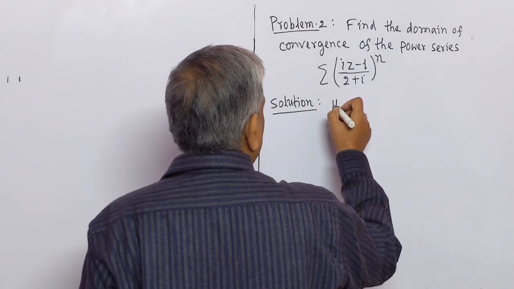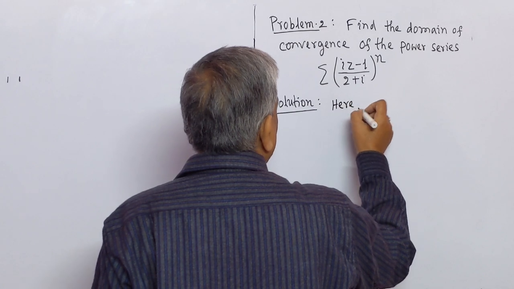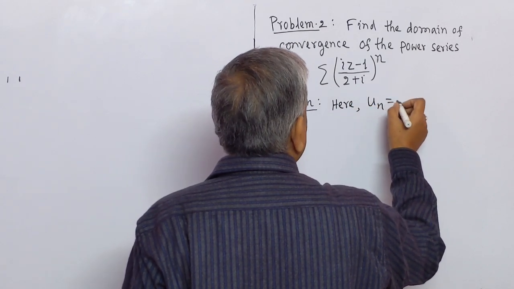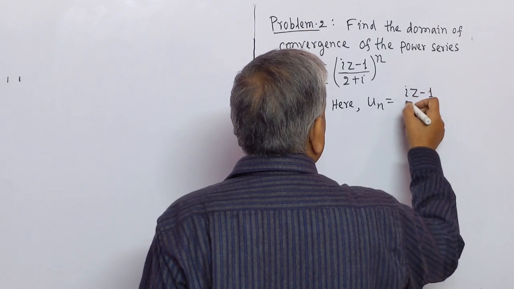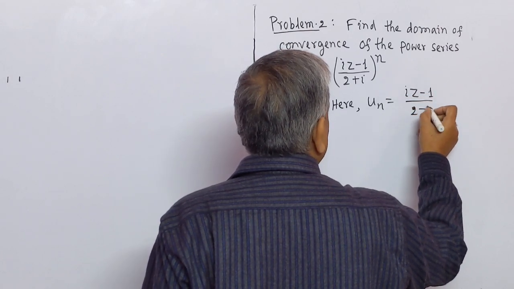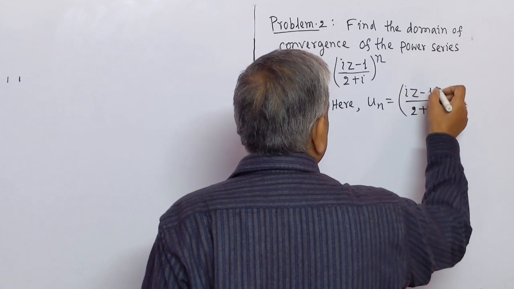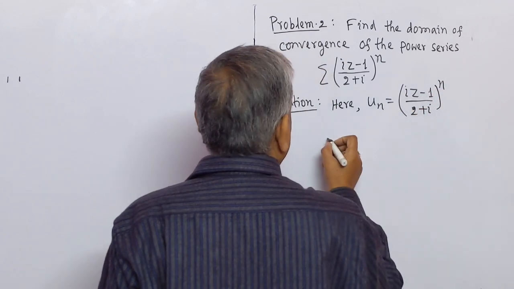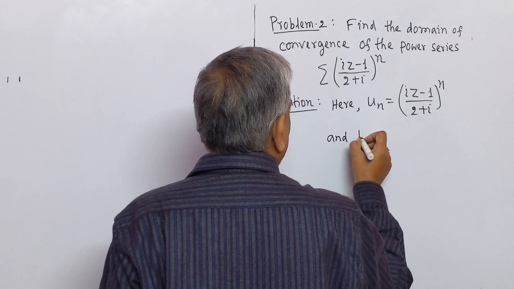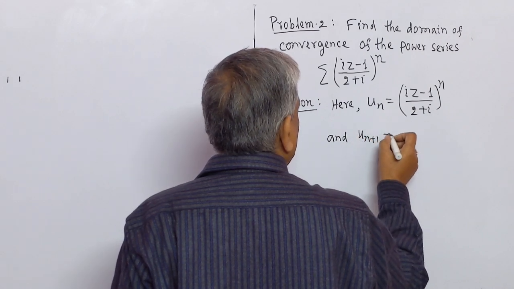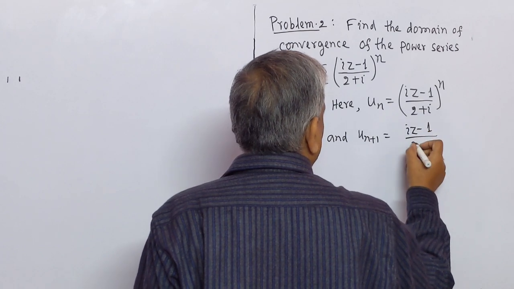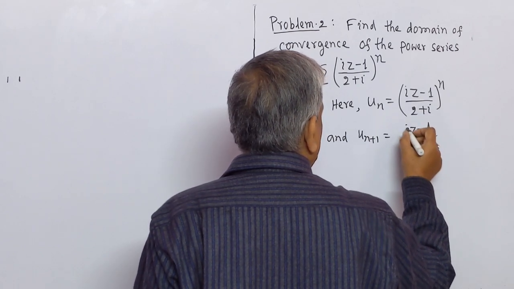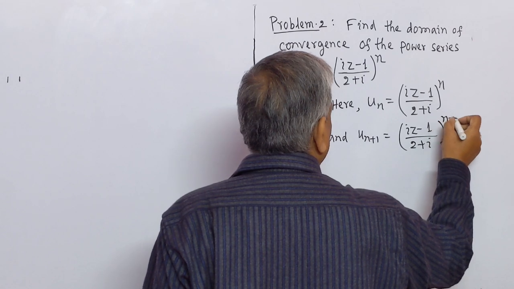Here u_n equal to (iz minus 1 by 2 plus i) whole to the power n and u_(n+1) equal to (iz minus 1 by 2 plus i) to the power n plus 1.